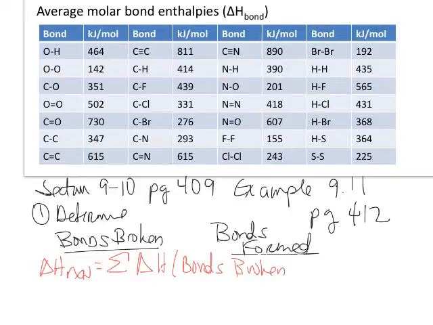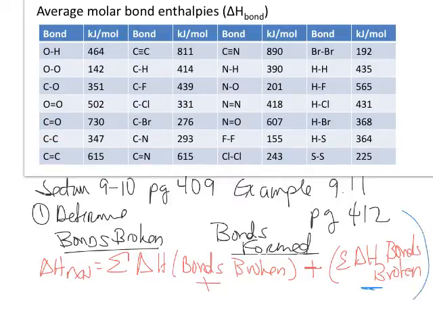We're going to keep this a positive value. And then we are going to add the summation of your delta H of your bonds formed. Since when bonds form this produces a negative enthalpy, that will be the negative. So we'll sum up all the negative energies of these bond energies.